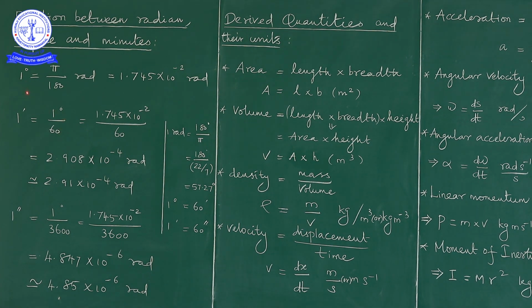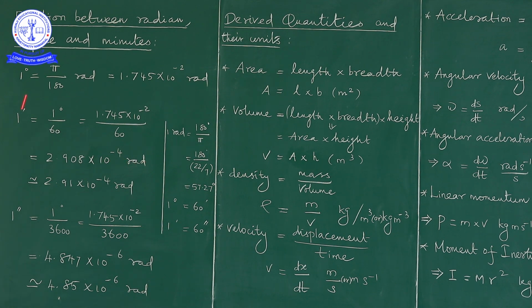What is the value of 1 degree here? Look here, 1.745 into 10 to the power of minus 2 radian is replaced for 1 degree, divided by 60. By doing the mathematical or logarithmic calculation, it becomes 2.908 into 10 to the power of minus 4 radian.